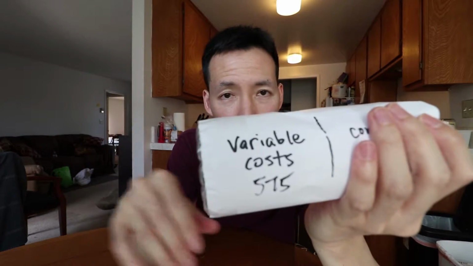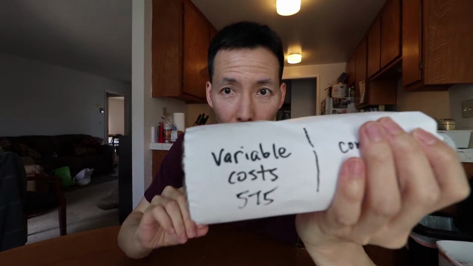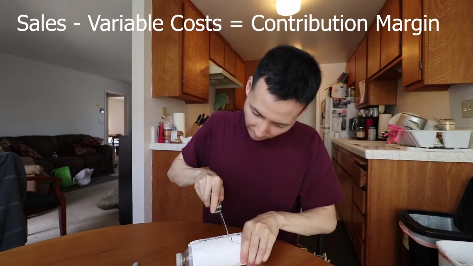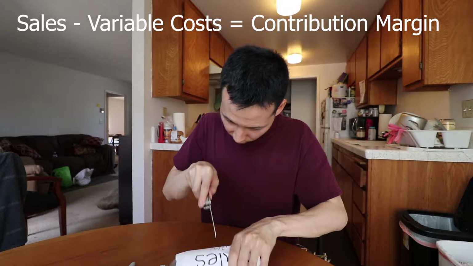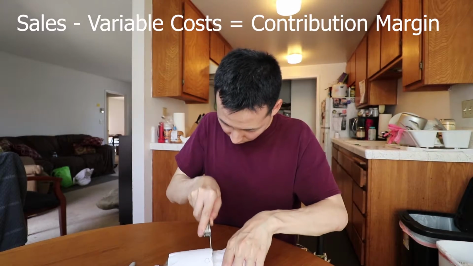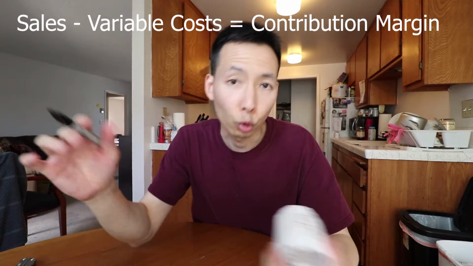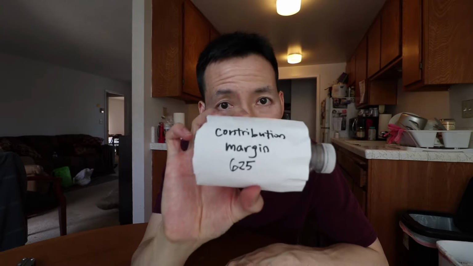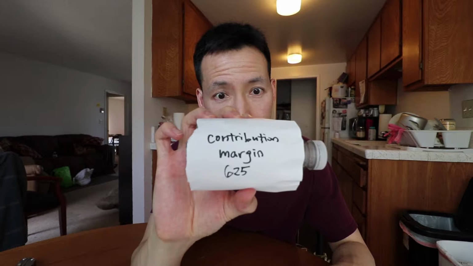If you strip out the $575 of variable costs from your total sales, what you're left over is what's called the contribution margin. So $1,200 minus the $575 gives you a contribution margin of $625. And this contribution margin is going to be the same for every single unit that you sell.